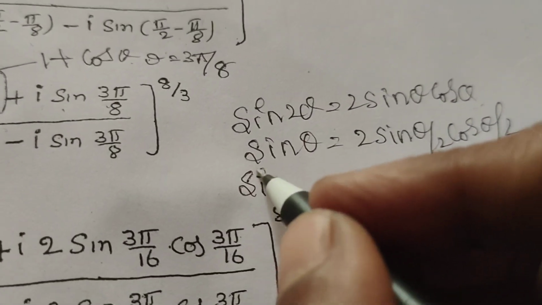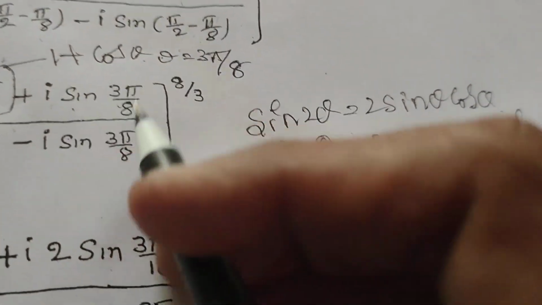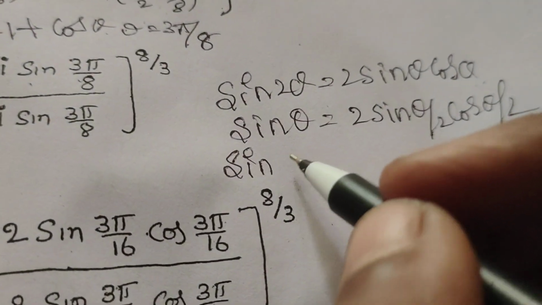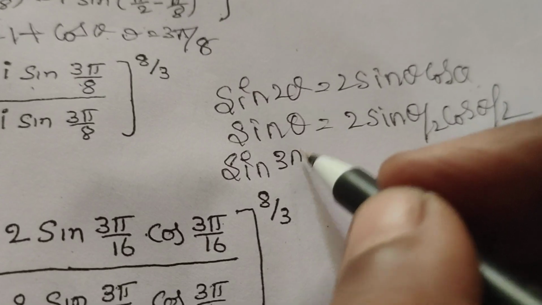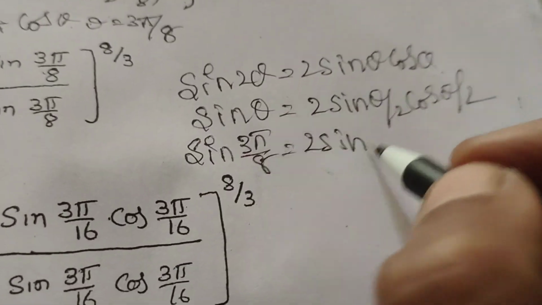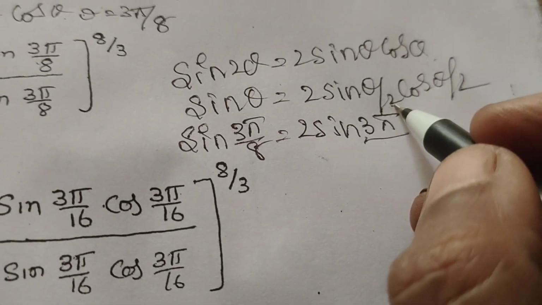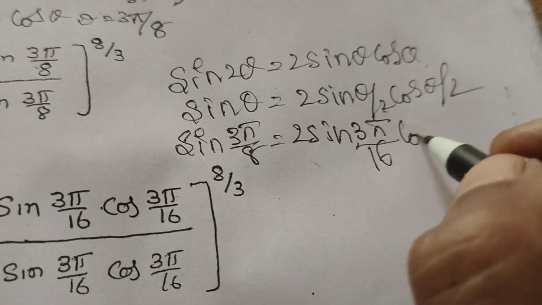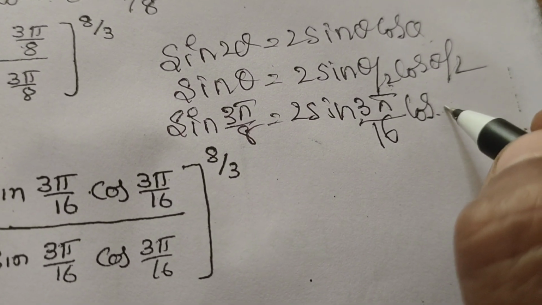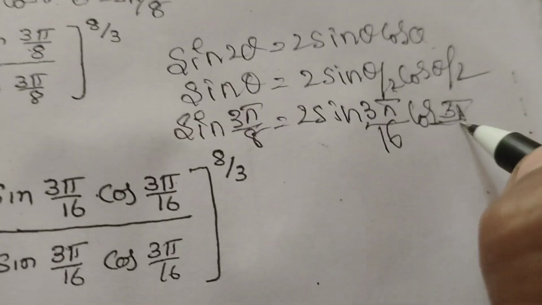Applying this formula, we need sin 3π/8. Therefore sin 3π/8 equals 2 sin 3π/16 cos 3π/16.